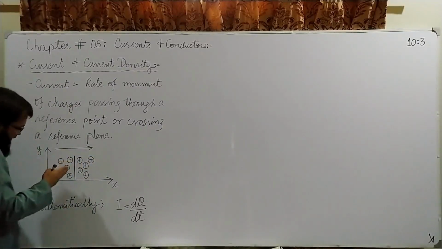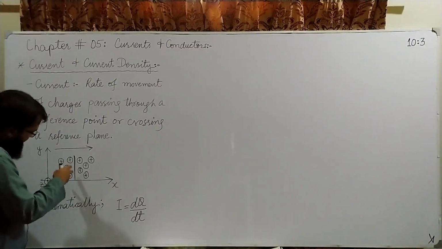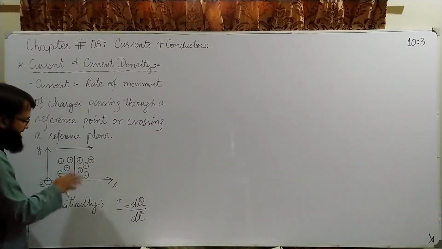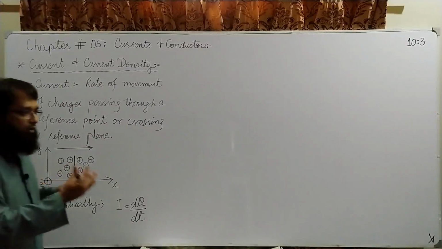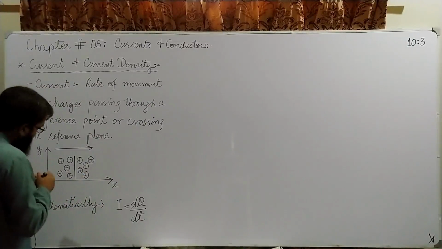Or perhaps if I choose to observe the amount of charge which is moving from left to right in 1 second, then that amount of charge would be the current, because I'm observing that amount of charge for 1 second only.